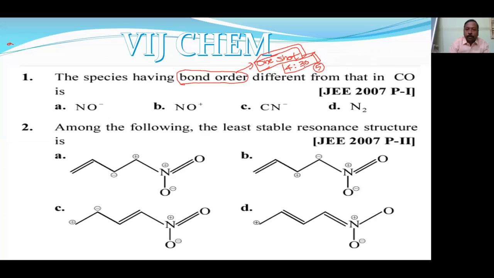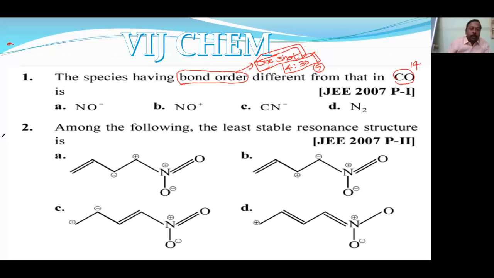So in that sentence, bond order is the same for isoelectronic species. So here, if you find the number of electrons is 14, you need not find the bond order. Though many students are able to answer, they are taking more time, and taking more time is also very dangerous. So just count the total number of electrons.